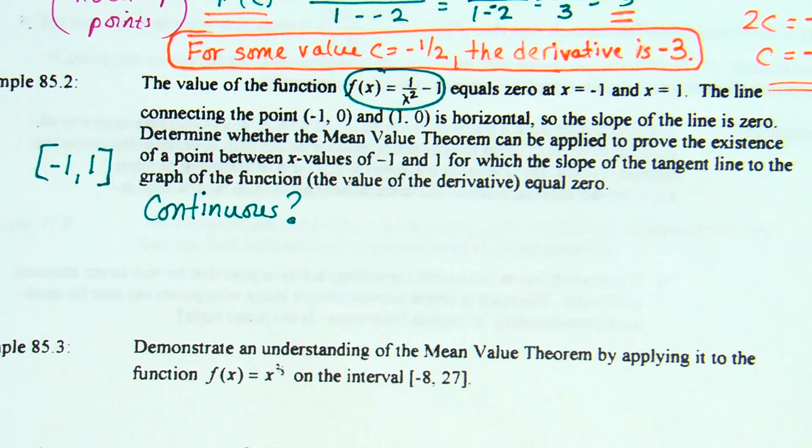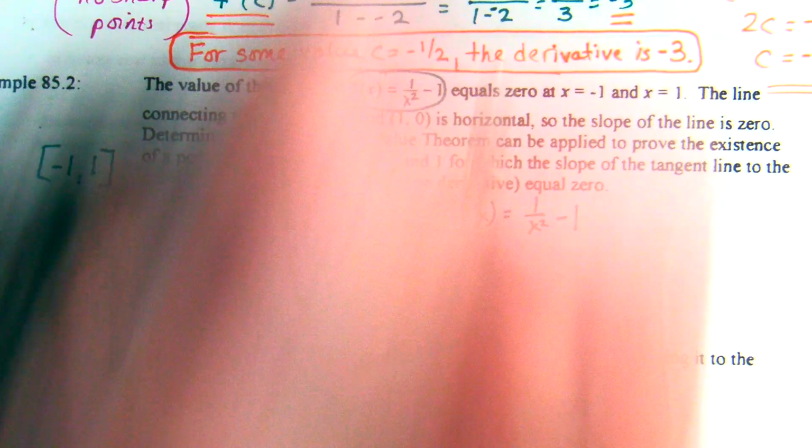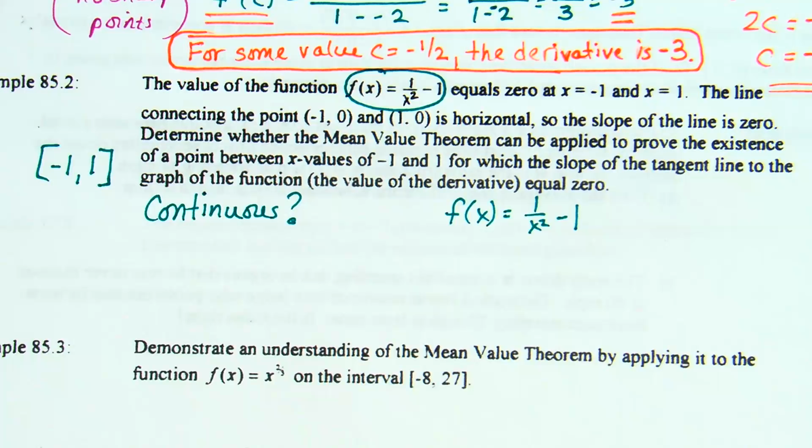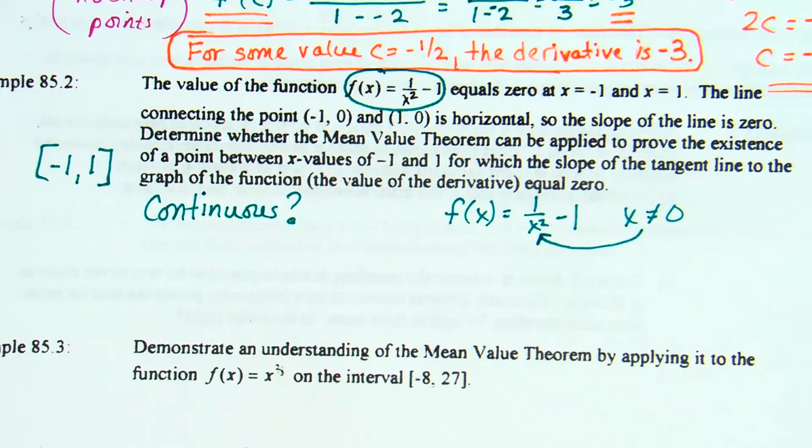Yeah, it's a no. Since the graph is not continuous at x equals 0, the mean value theorem cannot be used.